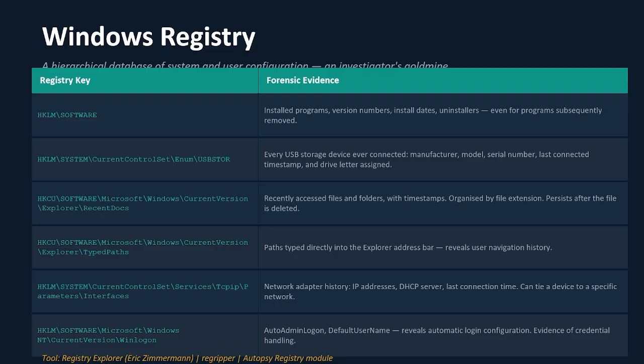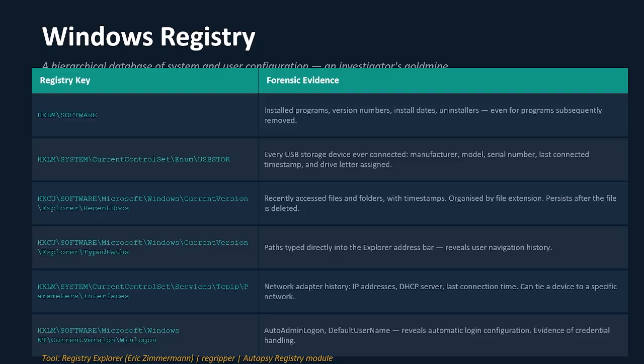There's also, under HKEY_LOCAL_MACHINE, System, CurrentControlSet, Enum, USBSTOR. That shows USB storage devices that were ever connected, including all the information about them. There's the recent docs location under HKEY_CURRENT_USER. That's HKCU, for the currently logged in user.